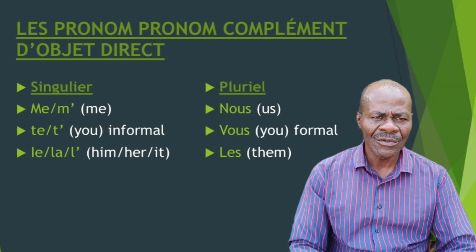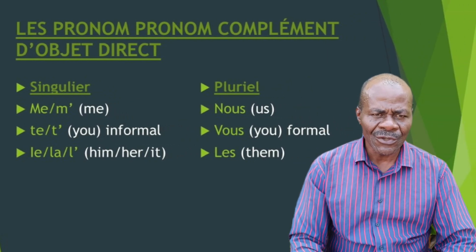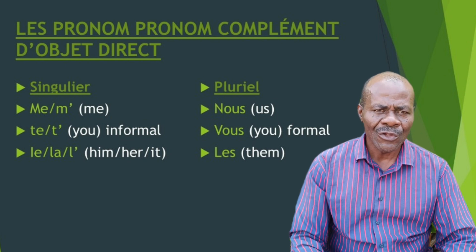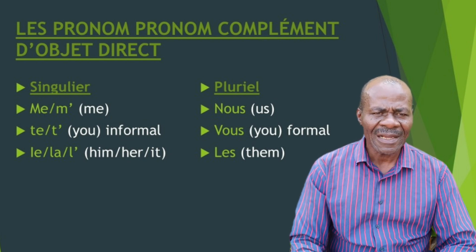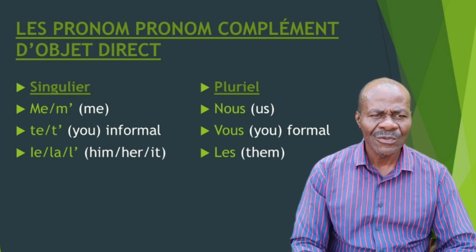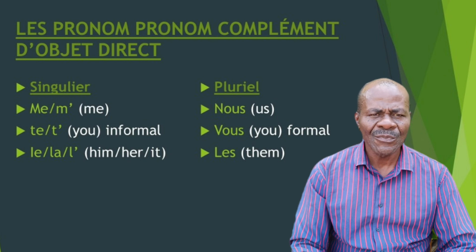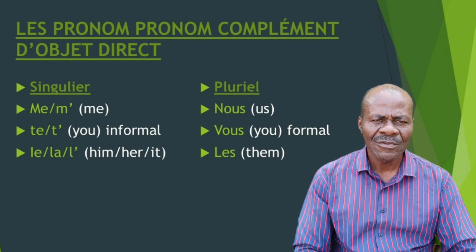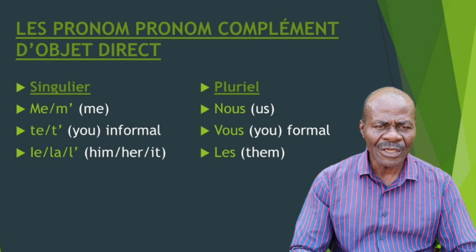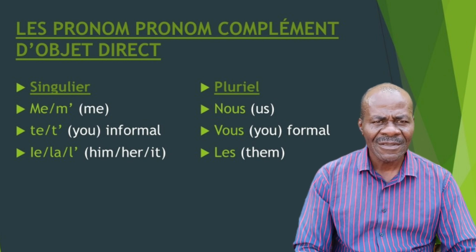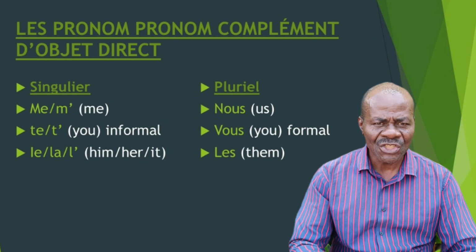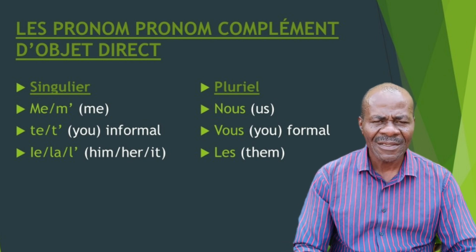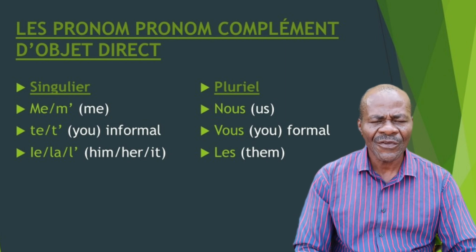We have me, te, le, la, nous, vous, and les. So me simply means me, te, you, le, him or it, la, she, her, or it for feminine.